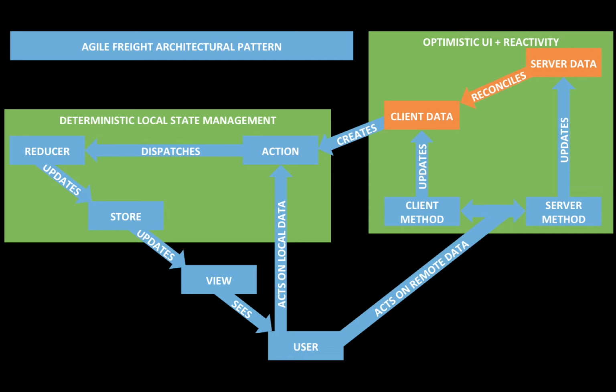So the first thing that happens is that once the client data is loaded into the client data store, it creates an action. And this action gets dispatched to a set of functions called reducers. These functions determine how the local state of the application should look based on a set of actions.